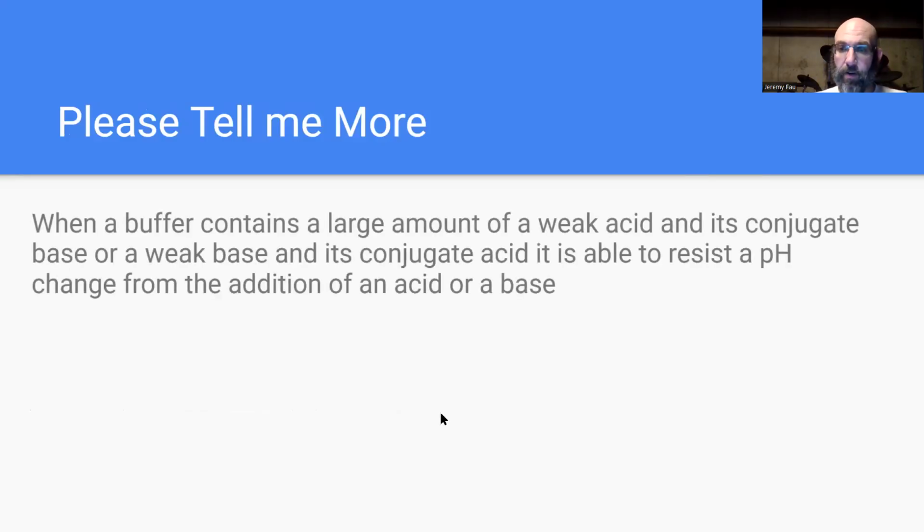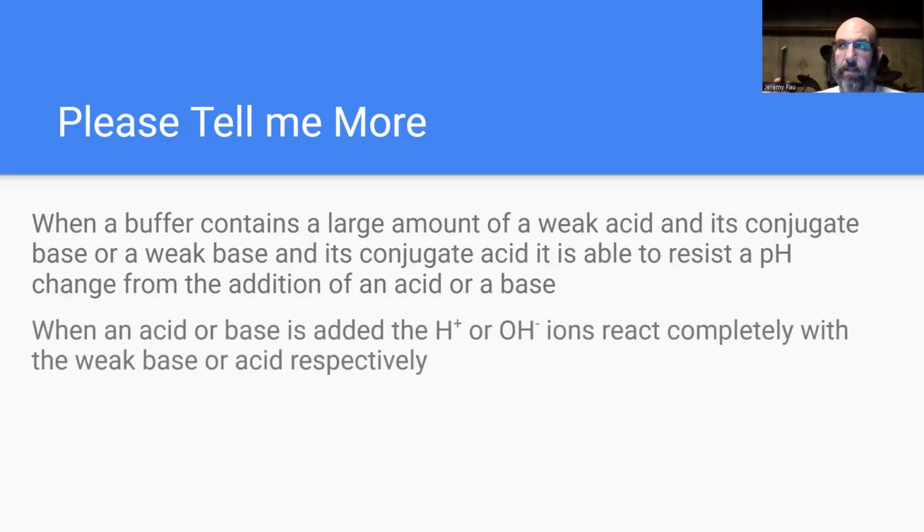So when you make a buffer, the concentration of your conjugate acid and base pair is really high. Because of this, it's able to resist pH changes, because the acid or the base is able to react completely with any extra H plus or OH minus ions.